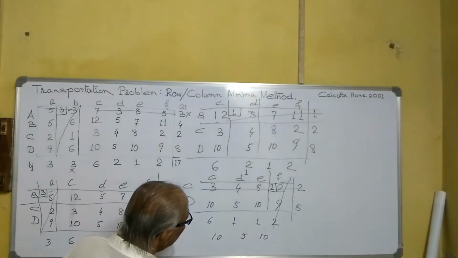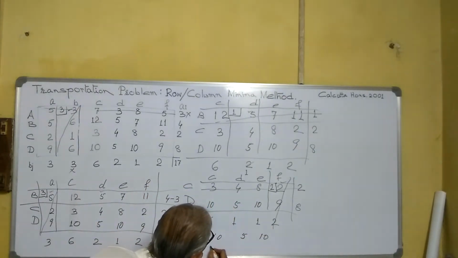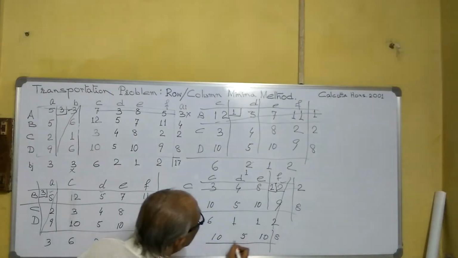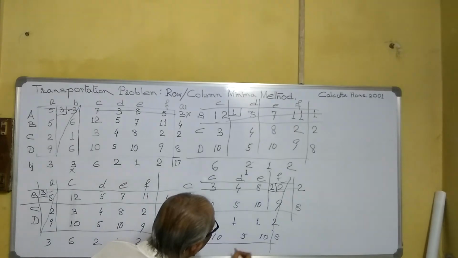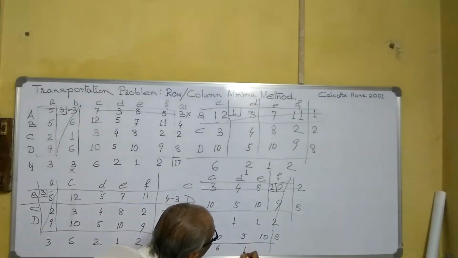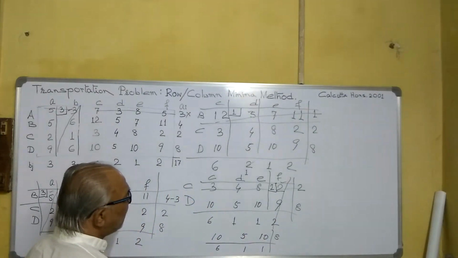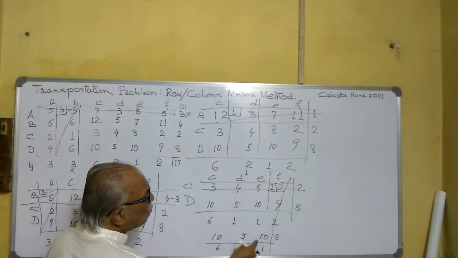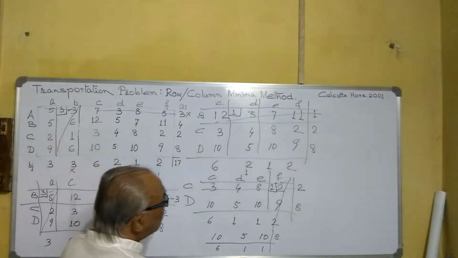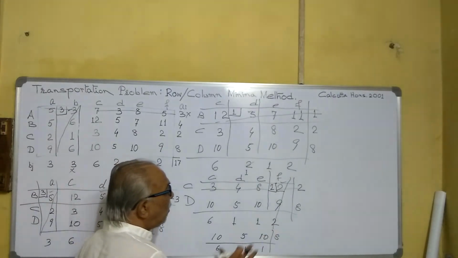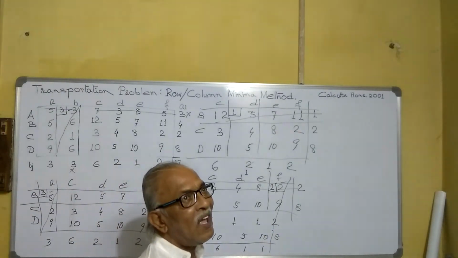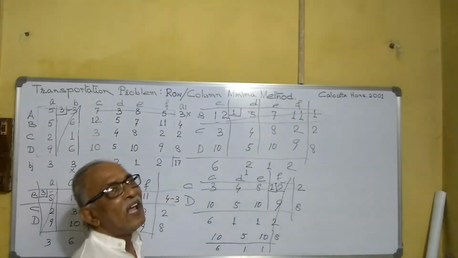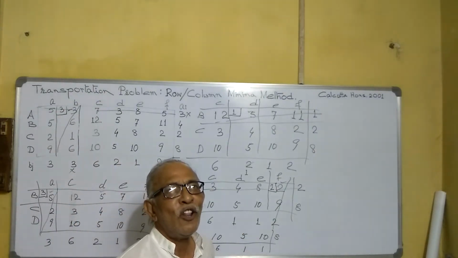Here the requirement is 8 and available is 8, and the requirements are 6, 1, 1. So we will supply this one 6, this one 1, this one 1. All supplies will be filled, all requirements will be filled, and in this way, this will be the final allotment in all these cases.